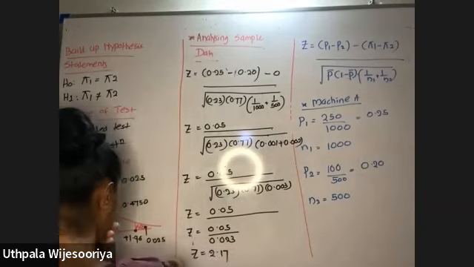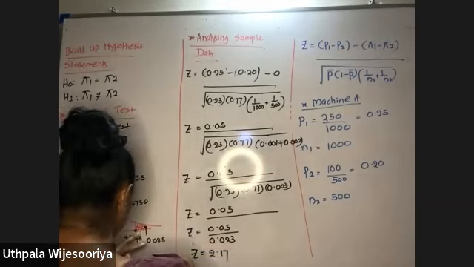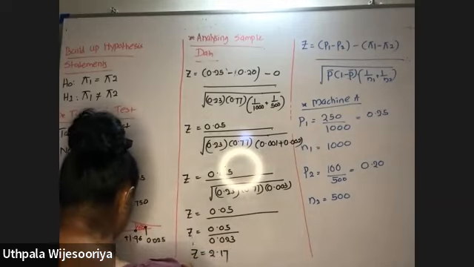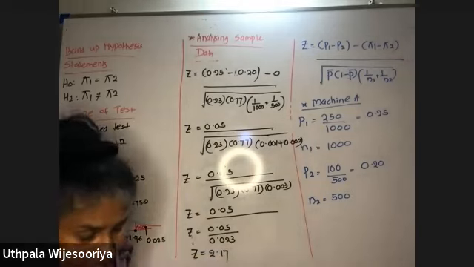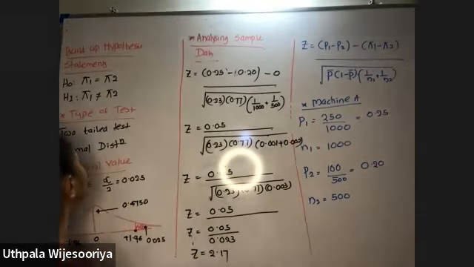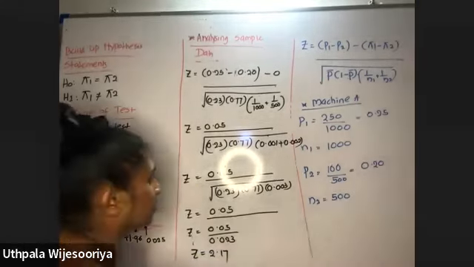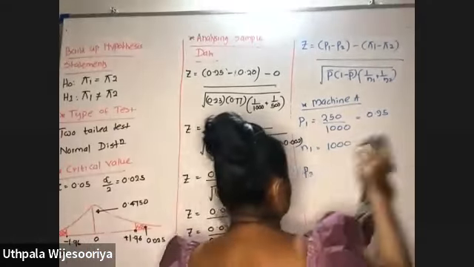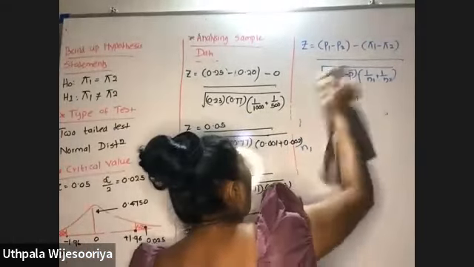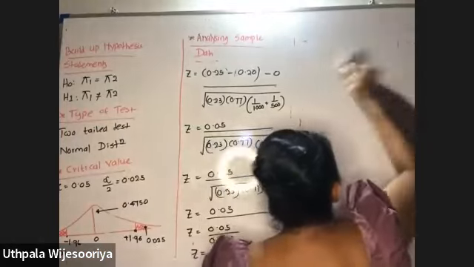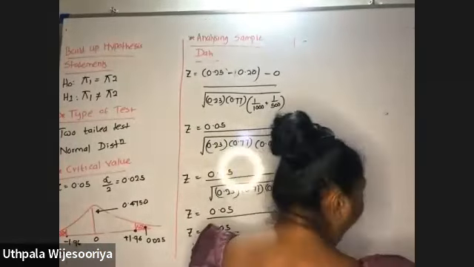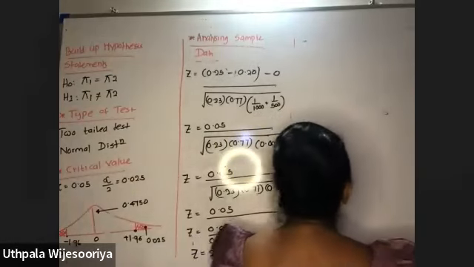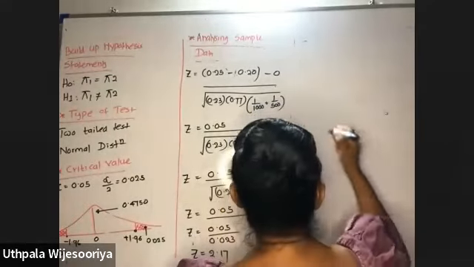So then, is it rejected? Yes, since 2.17 is beyond 1.96, H naught is rejected. H naught lies in the rejection area.